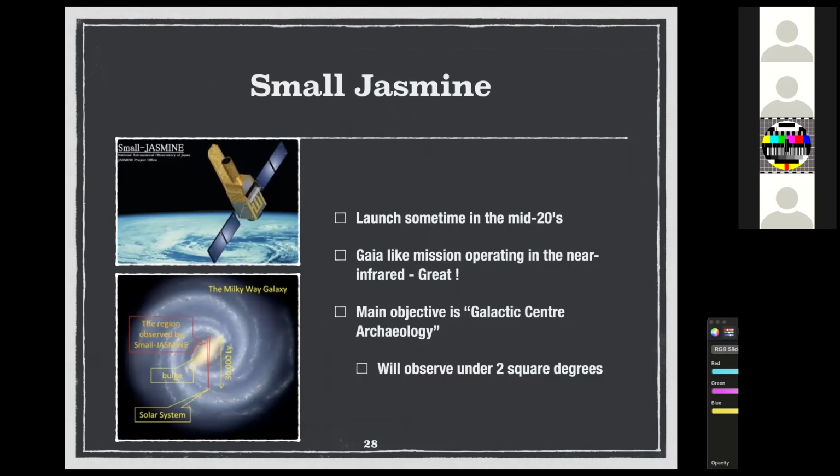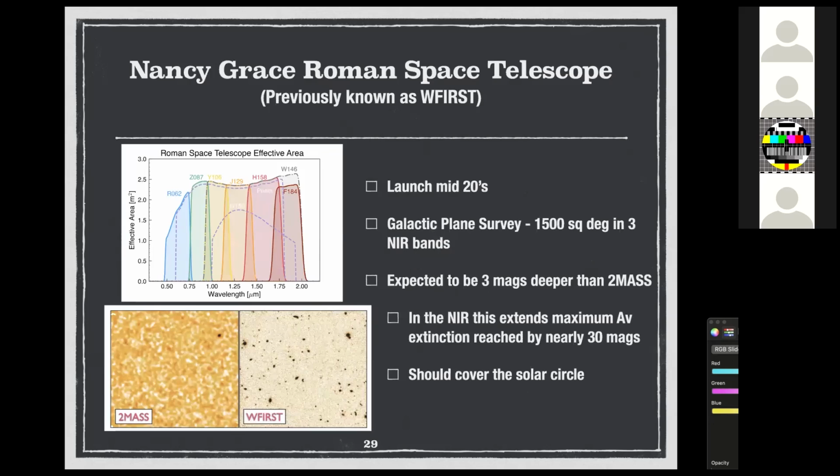But the main objective is galactic center archaeology. So they're going to be focusing on about 2 square degrees maximum towards the galactic bulge. So it won't enable us to do these big extinction maps, but it would be very interesting already to see what kind of information we can get out of a survey like that towards the galactic center.